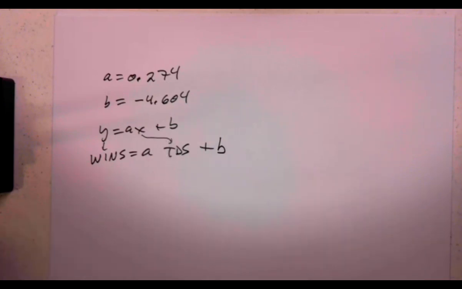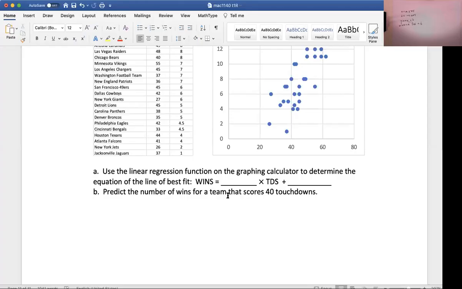So when you go ahead and fill in those numbers on the paper, wins is 0.274 times touchdowns plus negative 4.604, or if you like, minus 4.604.